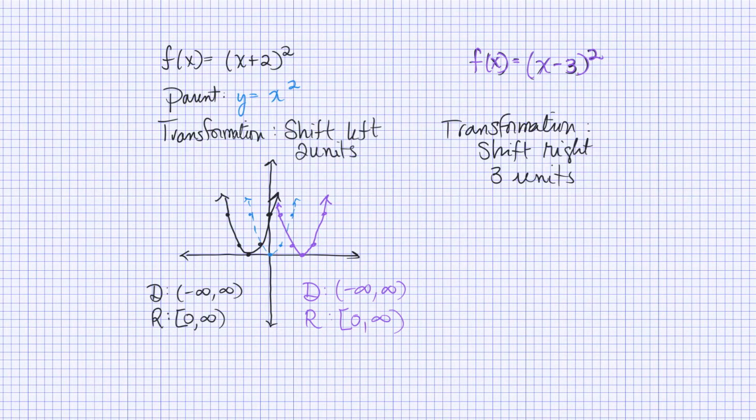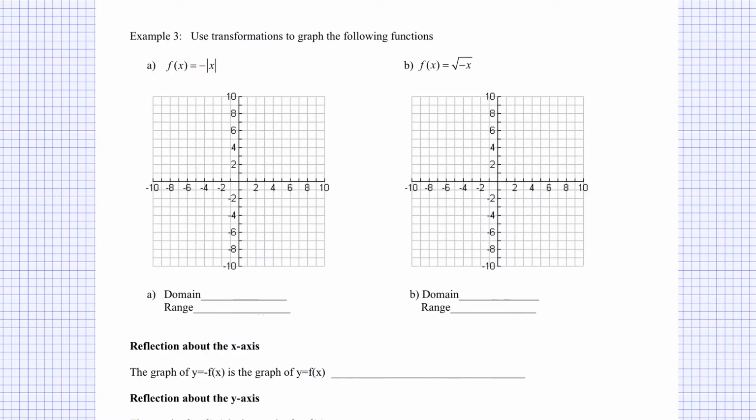So now that I have the power of that transformation, I can look at the last two that I'm going to be thinking about. For the last two transformations that we're going to consider, we're going to have two different functions this time. The first one is going to be f of x equals the opposite of the absolute value of x, and the part B is going to be f of x equals the square root of the opposite of x.